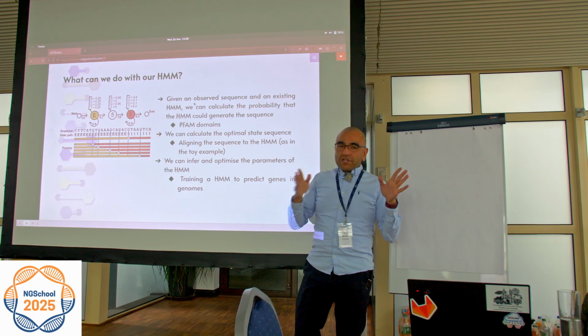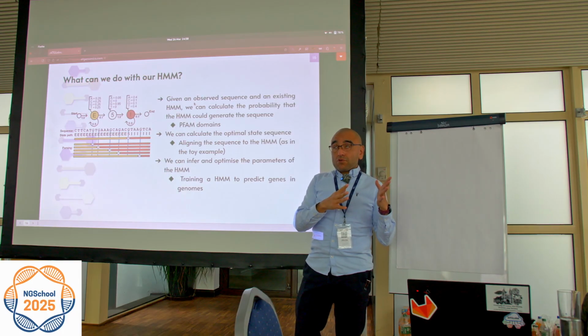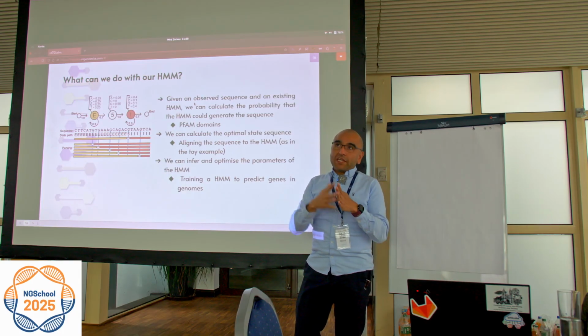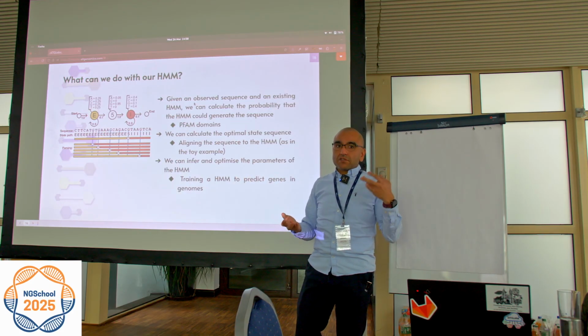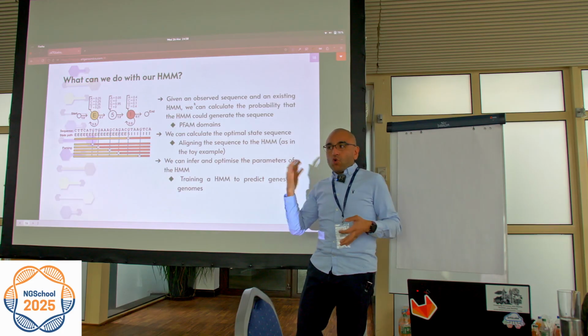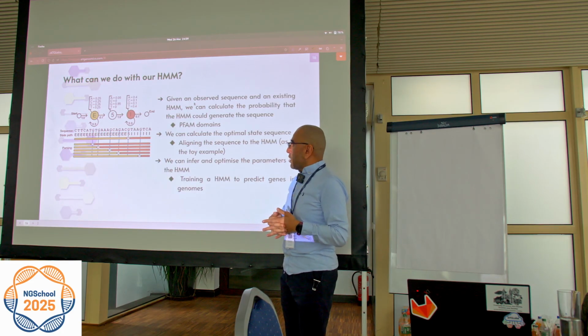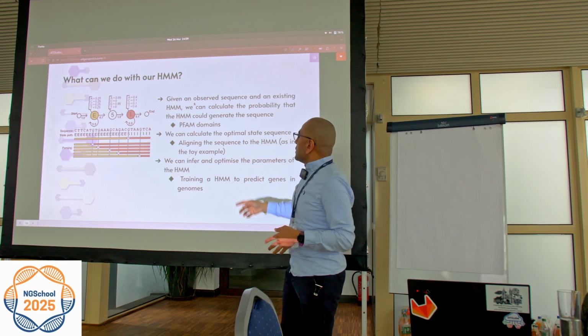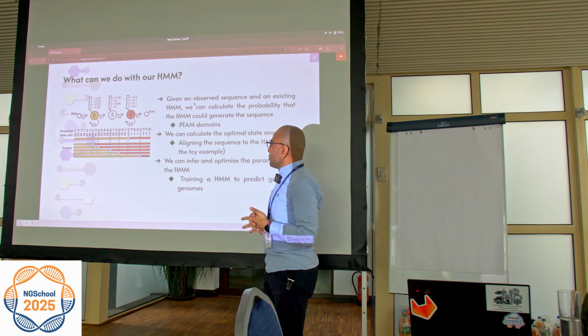That is, we can go back and forth, challenging the sequence against our hidden Markov model and determining the probability that this is coming from random chance or from the hidden Markov model actually predicting the sequence. This is useful for prediction of functional domains, and we will see in a minute how it works.